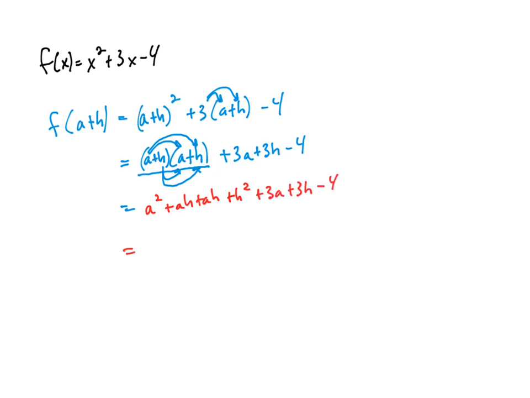And then I think we can simplify a couple of these terms. So a squared plus h squared plus 2ah plus 3a plus 3h minus 4. That's actually as far as we're able to go on this one.